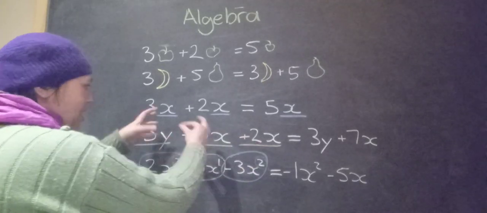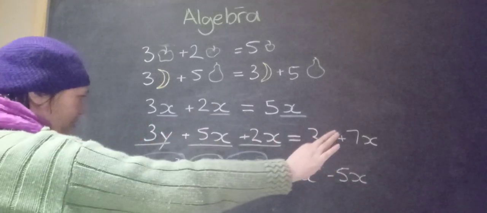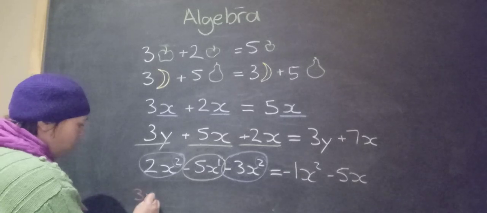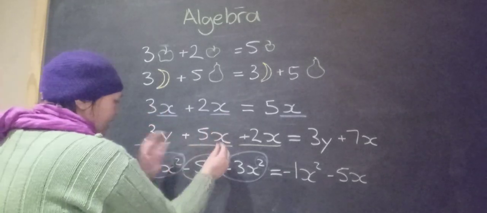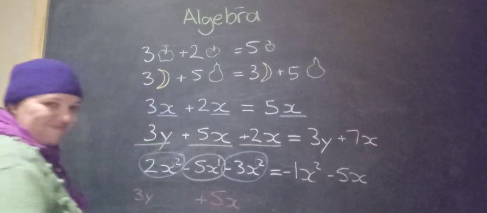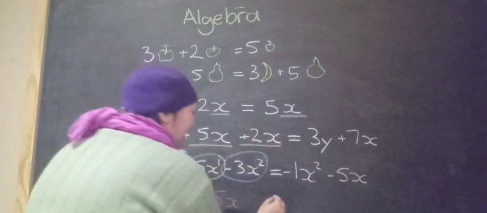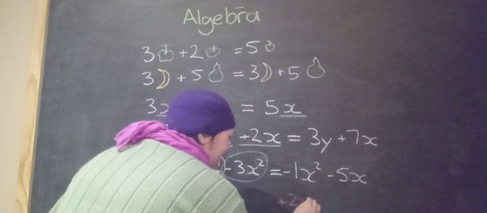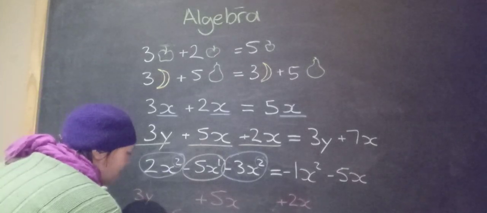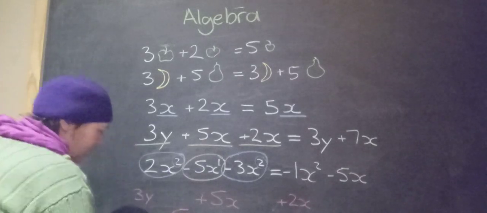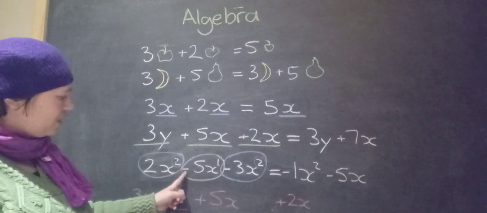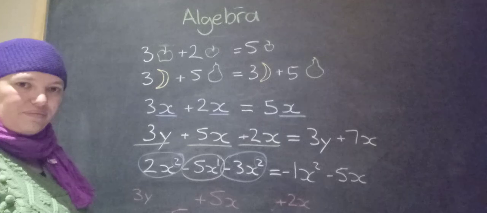So if we take this and we break it up into different things, this would be a 3y, this thing here is 5x, and this thing here is a positive 2x. This thing here is minus 5x. So the important thing is that the sign that is in front of it belongs to it.